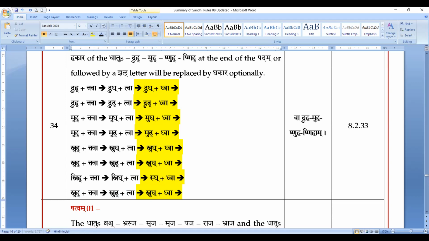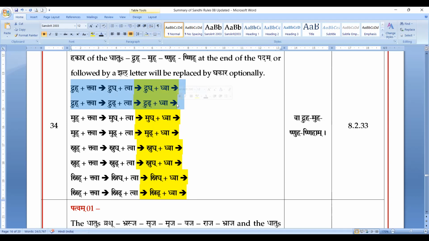Don't think that it's not complete. We'll complete that later because we have to study 2 more rules. And hakara of the snig dhatu can be optionally replaced by dakara. You will have snid plus dva. So druk dhatu has 2 forms. One form by ordaining dakara, another one by gakara.